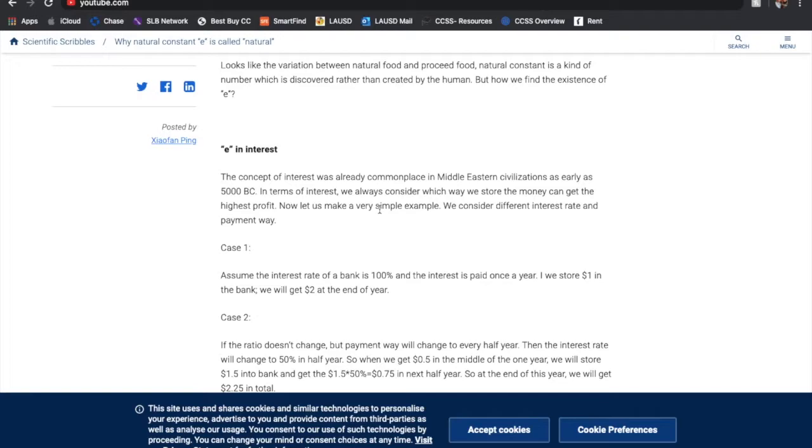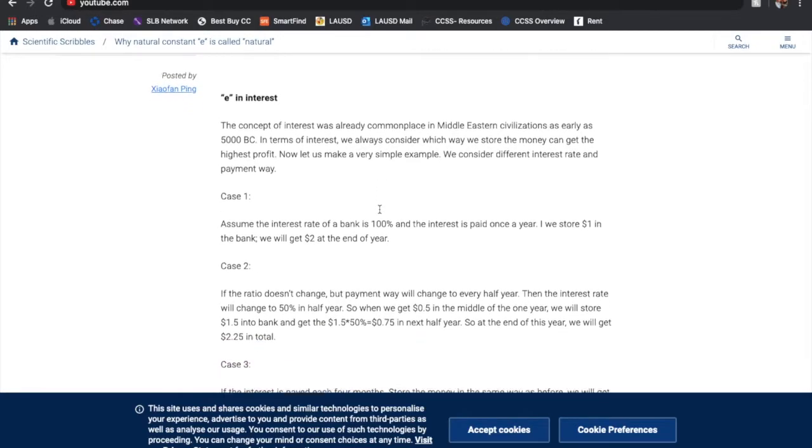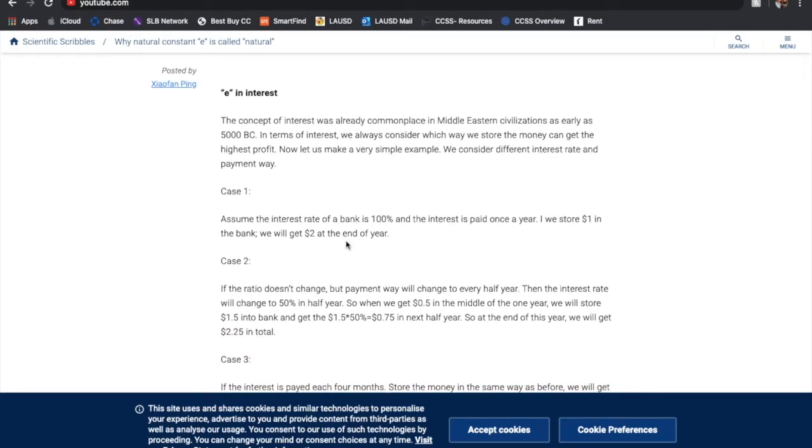Now, I want to highlight this example because it really encompasses what we've been learning about in terms of compound interest, in terms of exponential growth, and so on, right? Say you are at a bank and the amount of money that you put in the bank is $1.